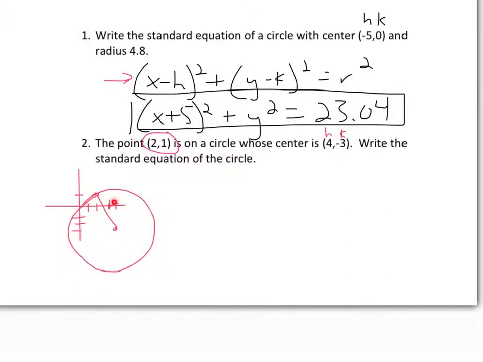So we're going to find d, the distance, same as radius, which is equal to the square root of (4 - 2)² + (-3 - 1)². So we'll have 2 squared is 4, negative 4 squared is 16, so the square root of 20.